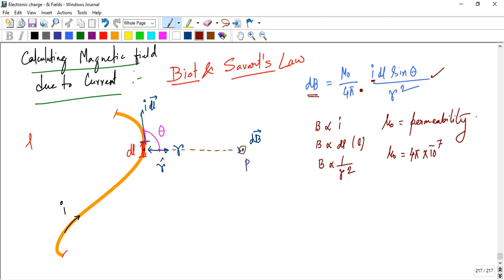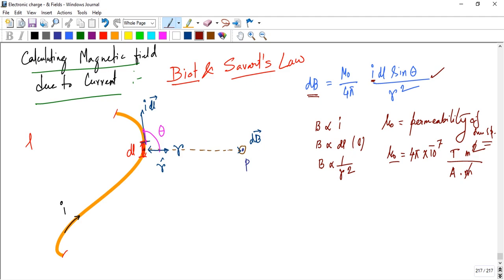In SI units, dB is in Tesla, so dB times r square is Tesla meter square, I is in ampere, and dl is in meter. Cancelling, we get Tesla meter per ampere. That's the SI unit of permeability of free space. That's a constant term.